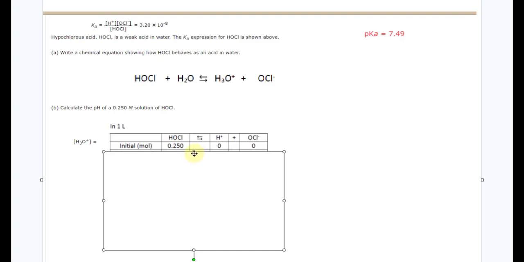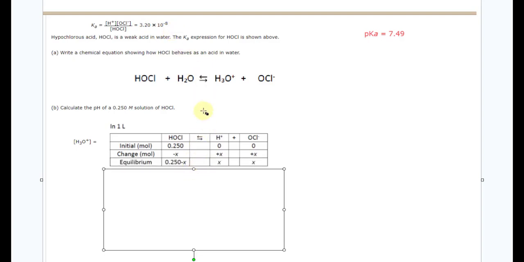But that's not going to last for long because some of that acid is going to react with the water to make H plus and our conjugate base. So we're going to lose some of this, gain this, but this is a weak acid. Look, 3 times 10 to the negative 8, that's not going to be much at all. So at equilibrium, when this equation is valid, we would have 0.25 minus the amount that ionized.